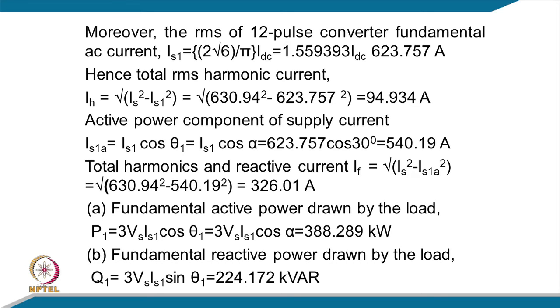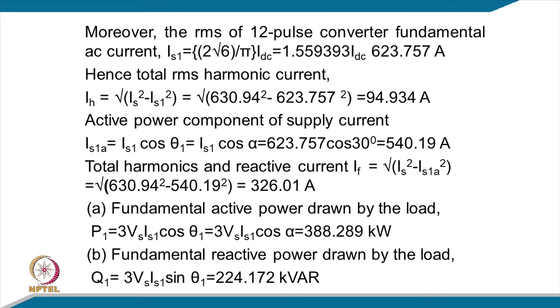The active power component of supply current will be IS1A, that is IS1 cos theta 1 or IS1 cos alpha, that is 623.757 into cos 30, which is 540.19 ampere. The harmonic and reactive current will be IF equal to root of IS square minus IS1A square, and putting the value it comes 326.01 ampere.